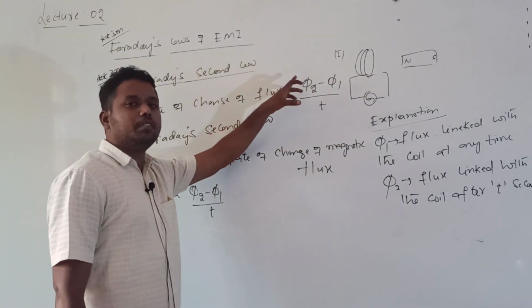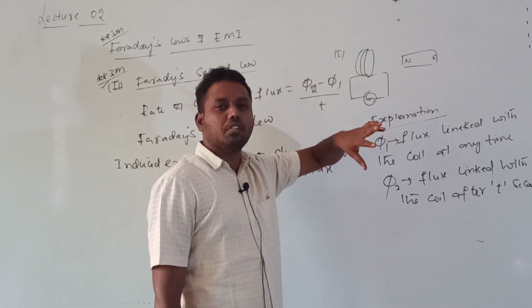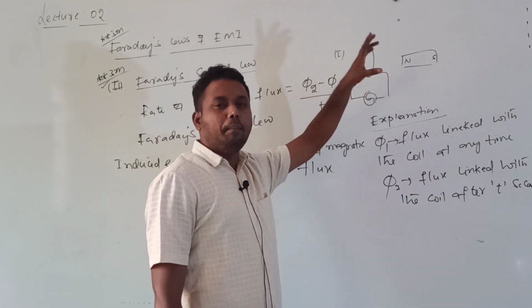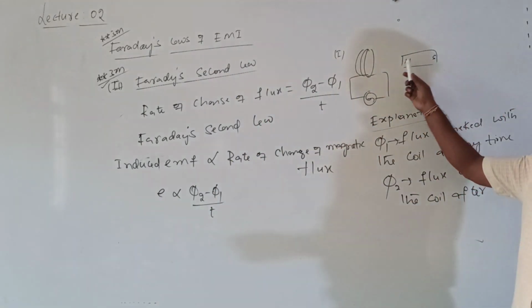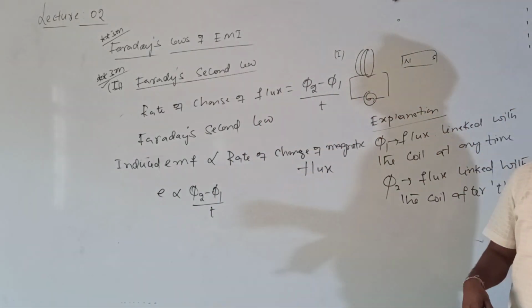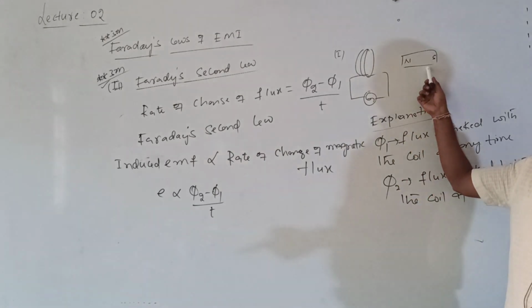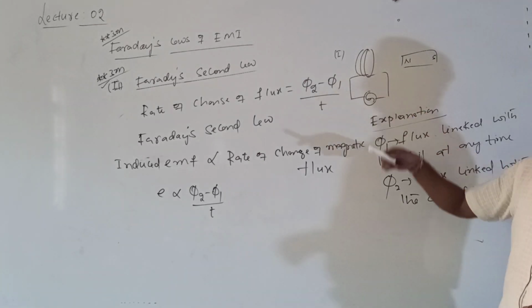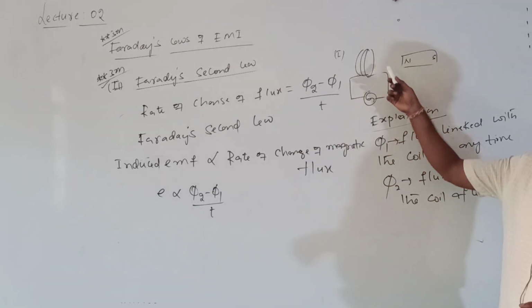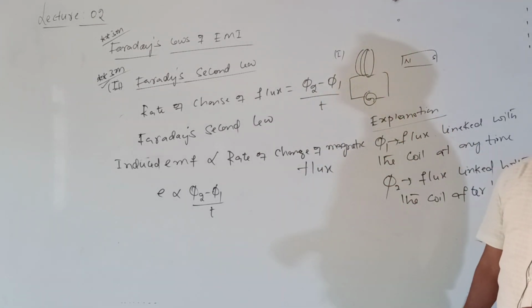If the bar magnet is moving fast, the deflection is more. The reason is that when the bar magnet moves fast, more flux is linked with the coil, hence producing more EMF and more current. Whenever the bar magnet is moving slowly, less magnetic flux is linked with the coil, hence less current is produced.